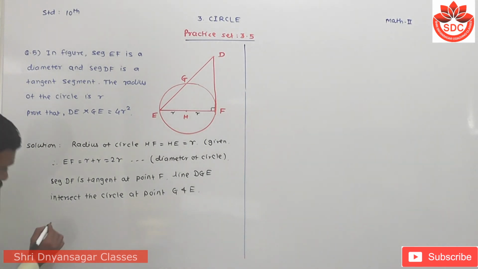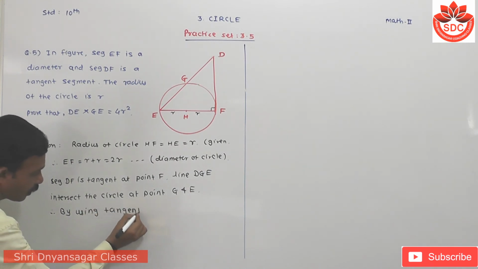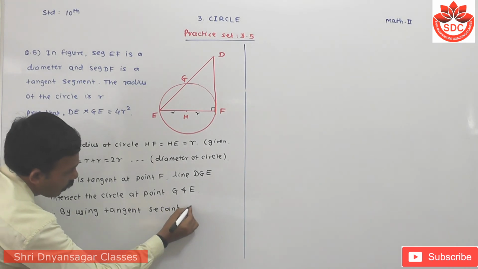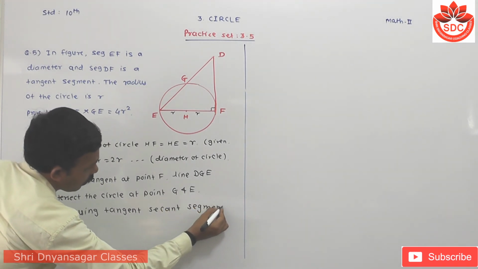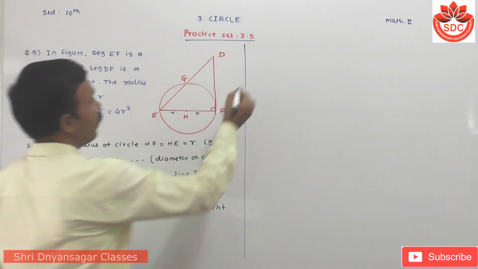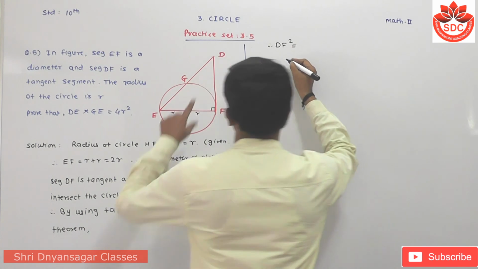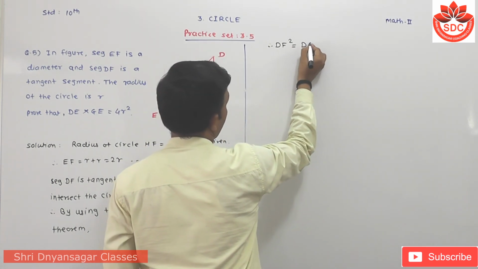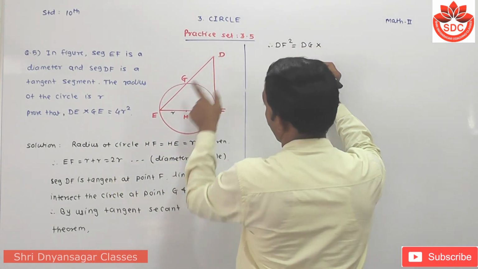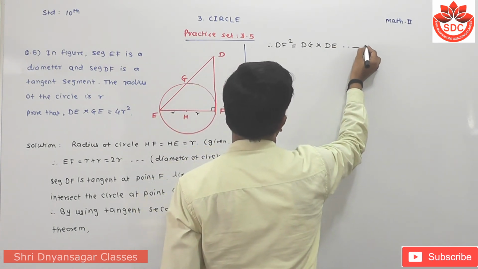Therefore, by using the tangent secant segment theorem. This theorem is that DF square is equal to DG into DE. Suppose that this is our equation number first.